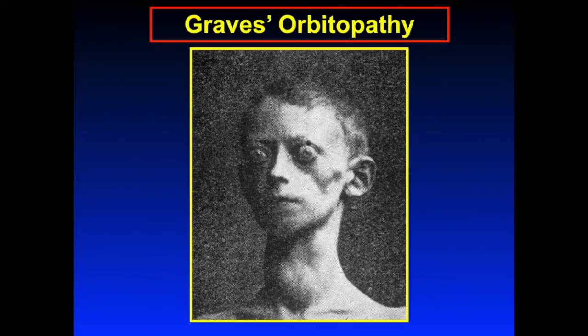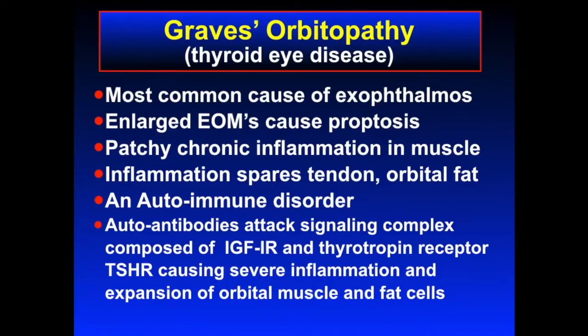Here's a golden oldie, a patient with Graves' orbitopathy, goiter, and exophthalmos. Graves' orbitopathy, thyroid eye disease, is the most common cause of exophthalmos. The proptosis is caused by enlarged extraocular muscles.